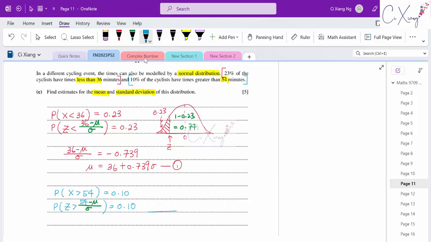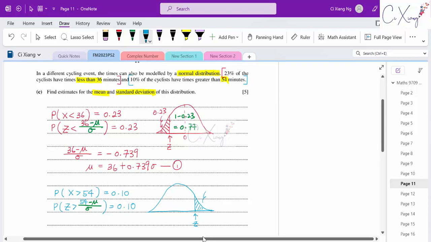Again, if you visualize it using a normal distribution graph, Z greater than, and the area is 0.1, which is a small value, that means my Z is somewhere on this side, the area should be on the right, and this is the Z. So Z will be a positive value. This area is 0.1.